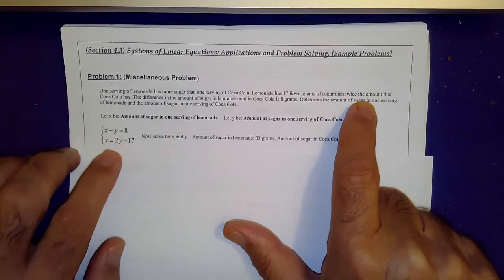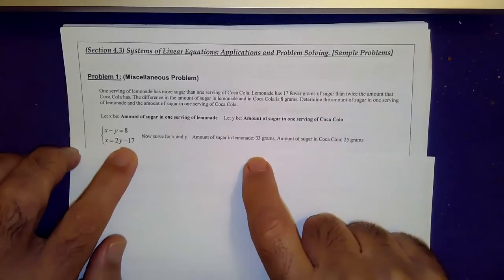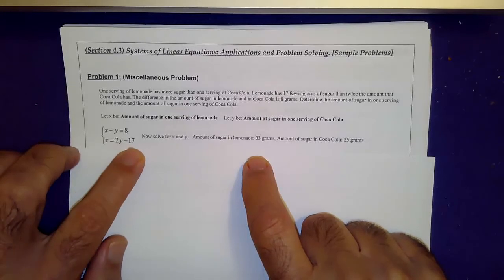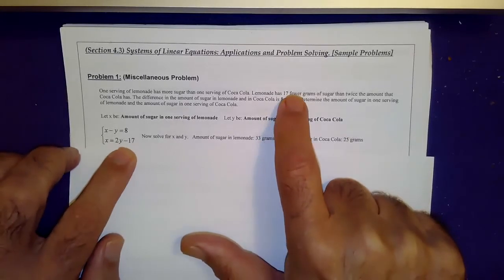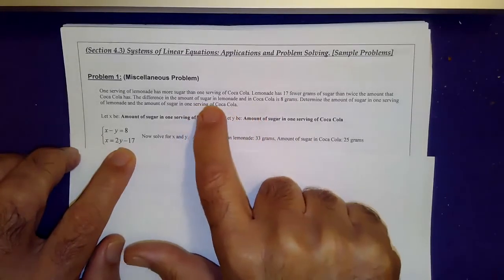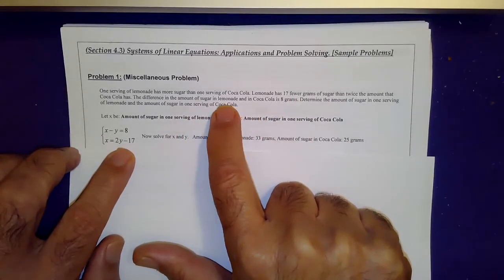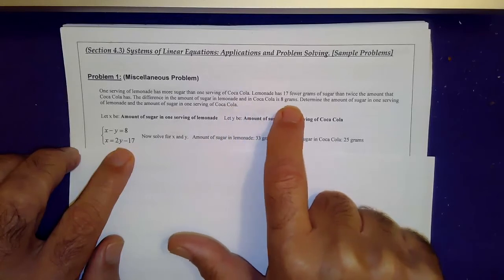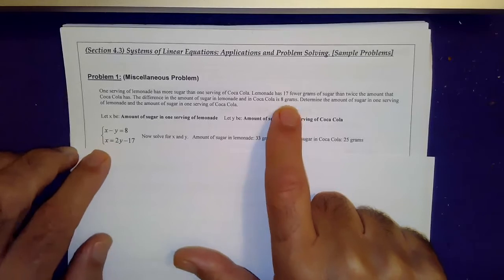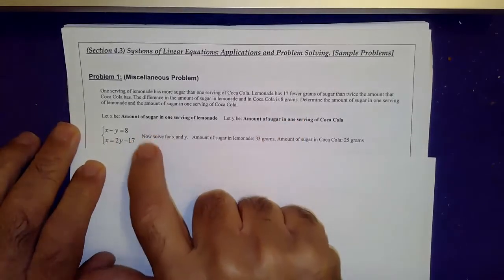So x is equal to 2y minus 17. Notice I didn't write 17 minus 2y. It's 2y minus 17. And the difference between the amount of sugar in lemonade and Coca-Cola is 8 grams. Difference means subtraction.